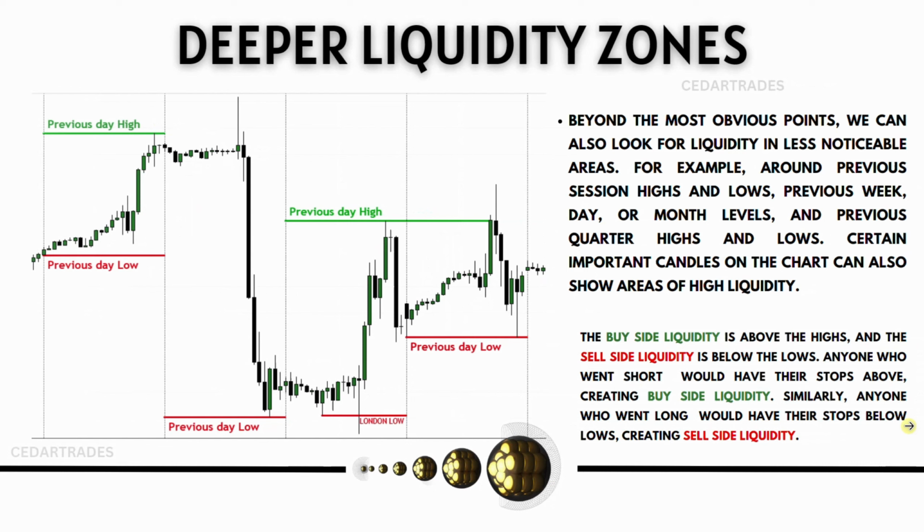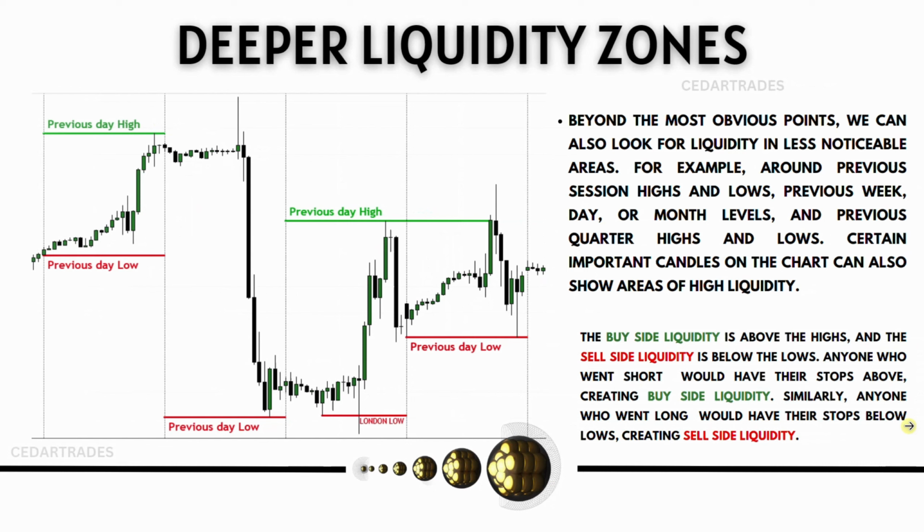And in that, we can also look for liquidity in less noticeable areas. For example, around previous session highs and previous session lows, previous week's highs and lows, previous day's highs and lows, previous month's highs and lows, and previous quarter's highs and lows, right?